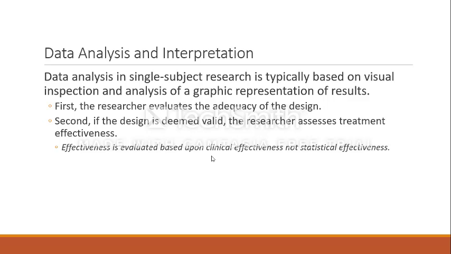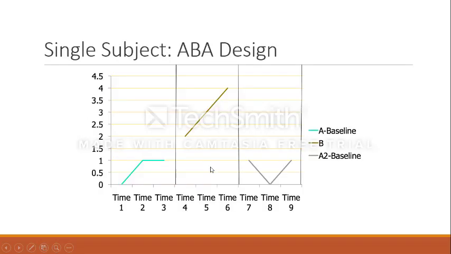A lot of times this has to do with clinical effectiveness and not statistical effectiveness, which means that you're looking at the data and you're making the decision: do you think there's a big difference between what the baseline showed and what they were doing post-baseline? And there's not a particular numeric indicator of what a big difference would be. That's up to you, and that is one of the issues with this, actually, that there's not a standard.